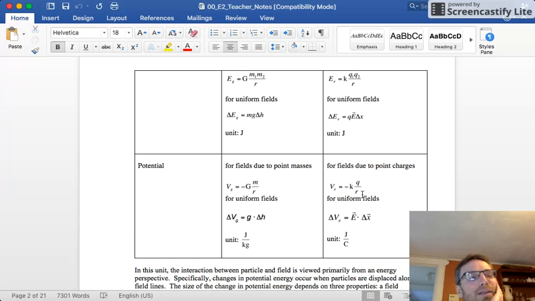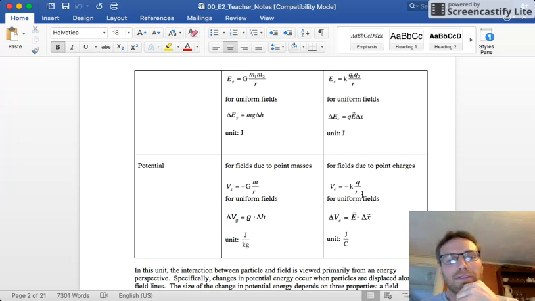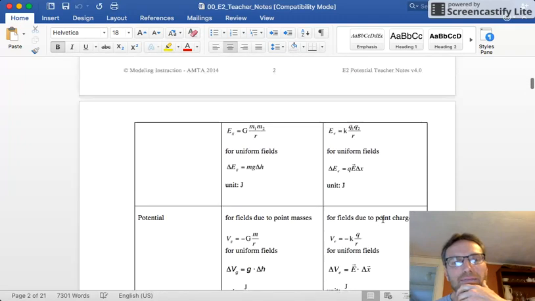And I understand that around a negative central charge, it's a negative potential, and as you move away, you get less negative. So maybe that sign just reflects whether it's around a positive or a negative charge. Anyway, that's a question there.